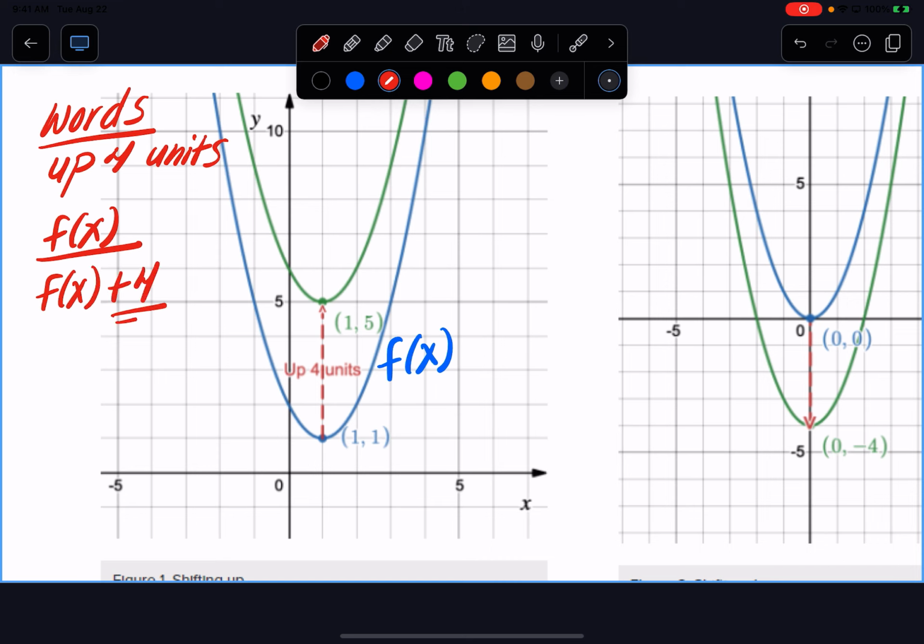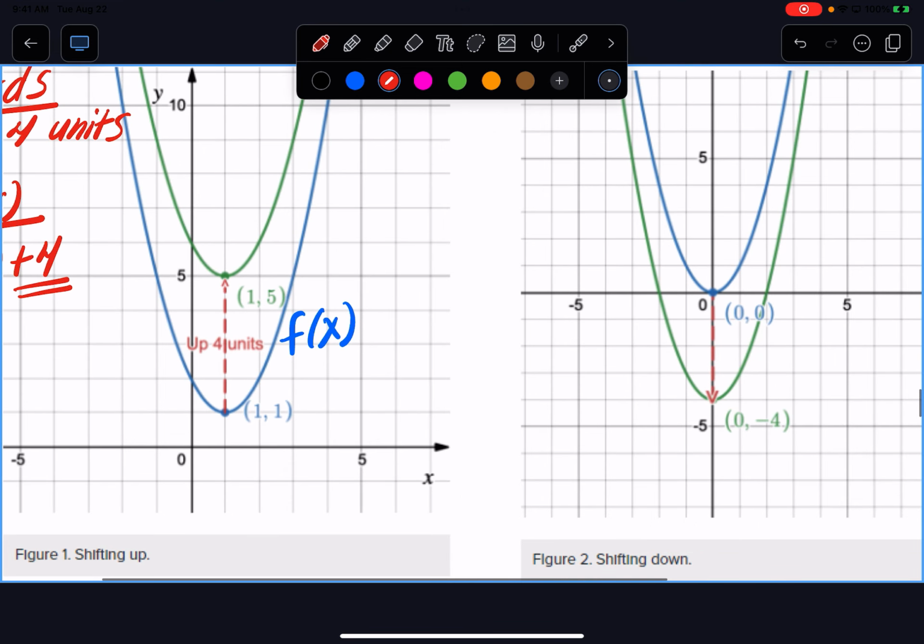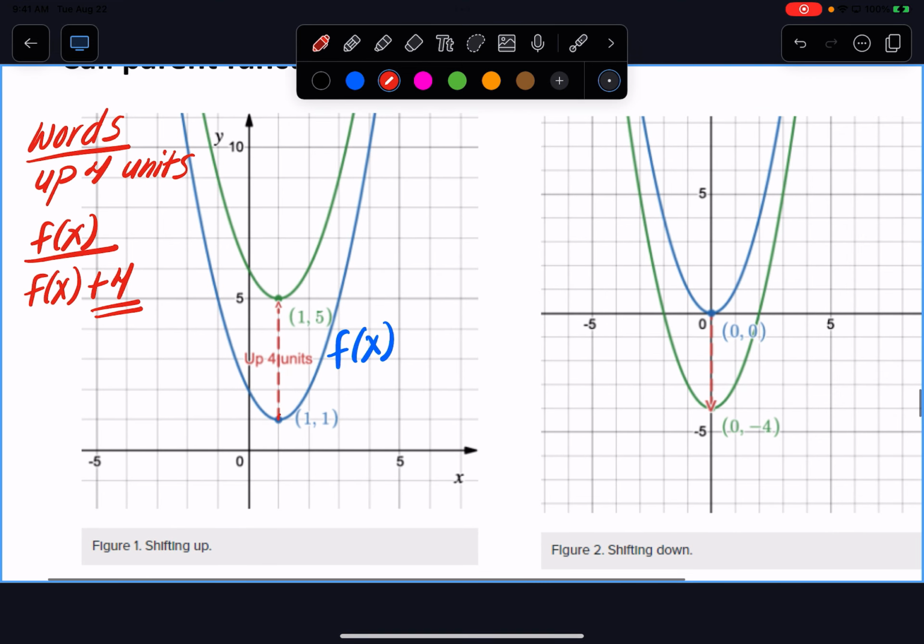So we're adding 4 on the outside after the f of x. That's how a shift up and down works. Now that takes memorization. Shifts up and down. And when I said the sign stays the same, it's because with shifts up and down, you go with exactly what you see. Do you guys see from here to here, we are literally going up 4, yes? So we go plus 4.